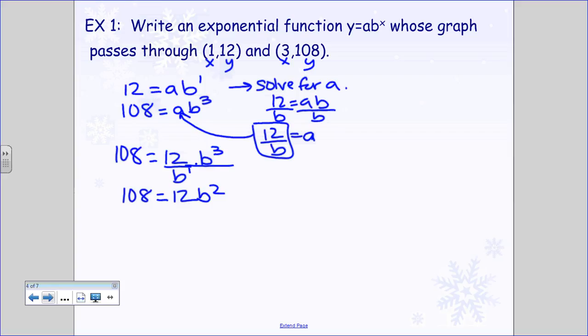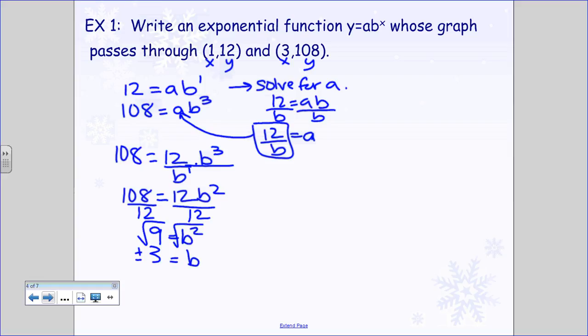Now we're solving for b, so go ahead and divide by 12. So b squared is 9. And then we take the square root. When you take the square root, again, you have plus or minus 3.